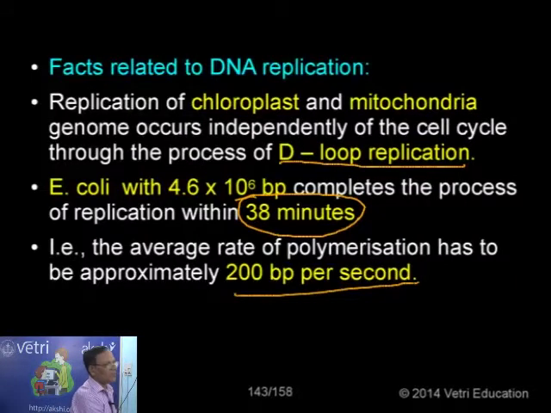That means in a second, 200 base pairs are polymerized, or united together, to form a strand of DNA. That is the rate of formation and the rate of polymerization.